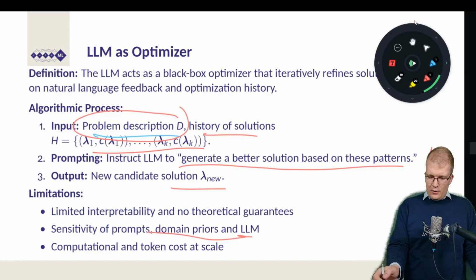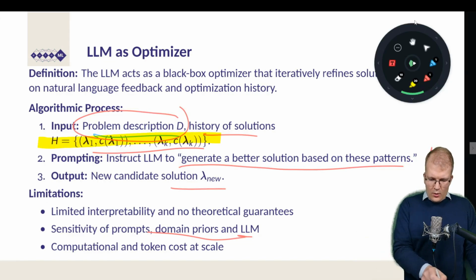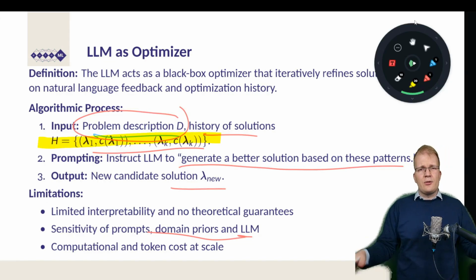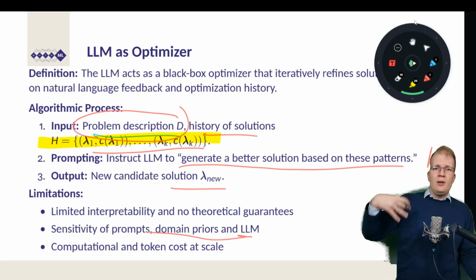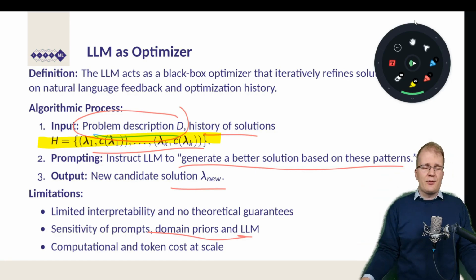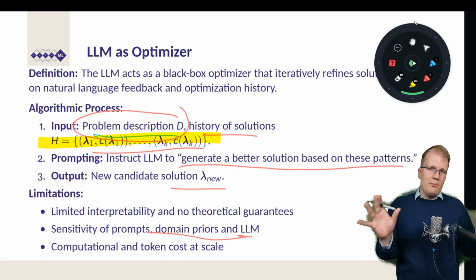The moment our history of solutions grows over time, because we're generating new solutions and evaluating them, the input to our large language model grows more and more, and therefore token costs increase, which is not negligible in most cases.